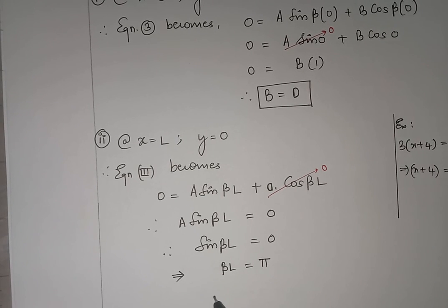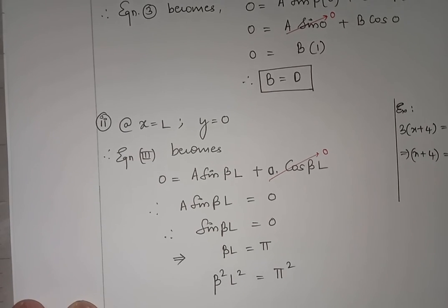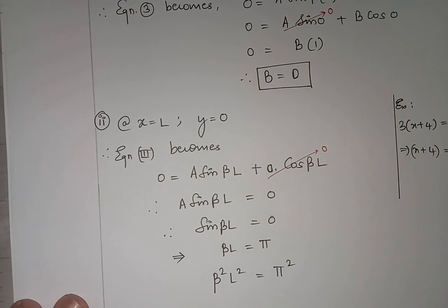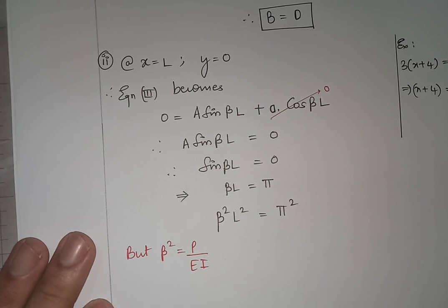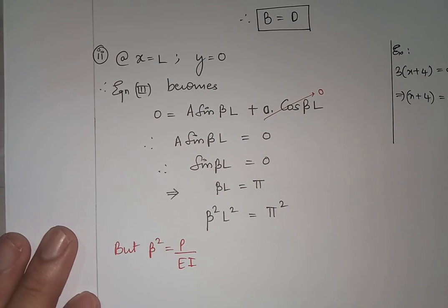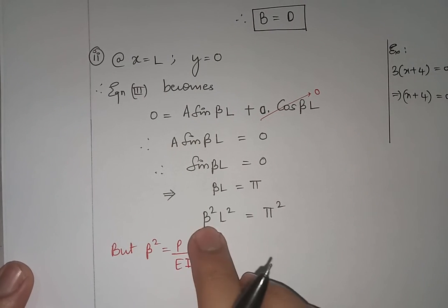Now squaring both sides, beta square L square is equal to pi square. But what you had assumed previously is beta square is equal to P divided by EI. I hope you remember I had assumed this. So now I'll back substitute that.